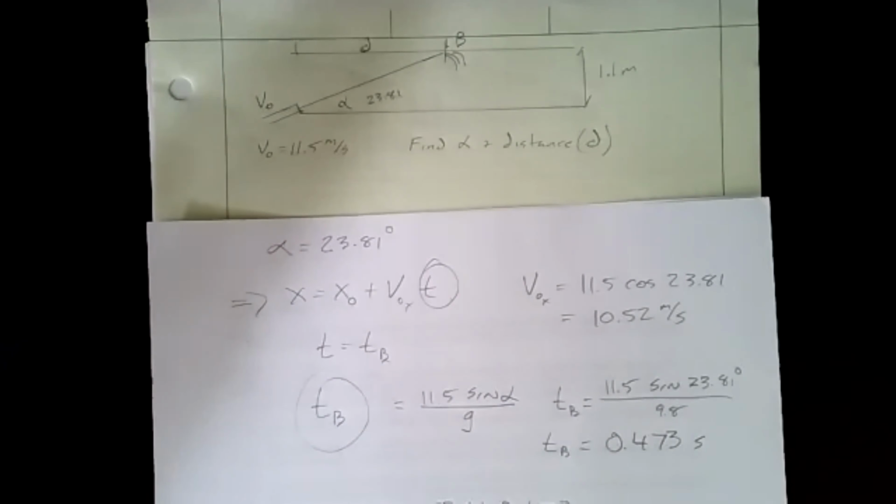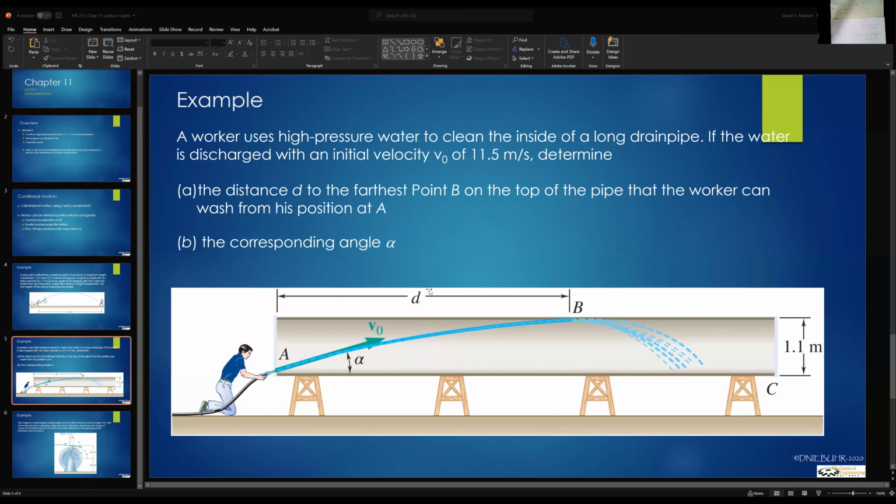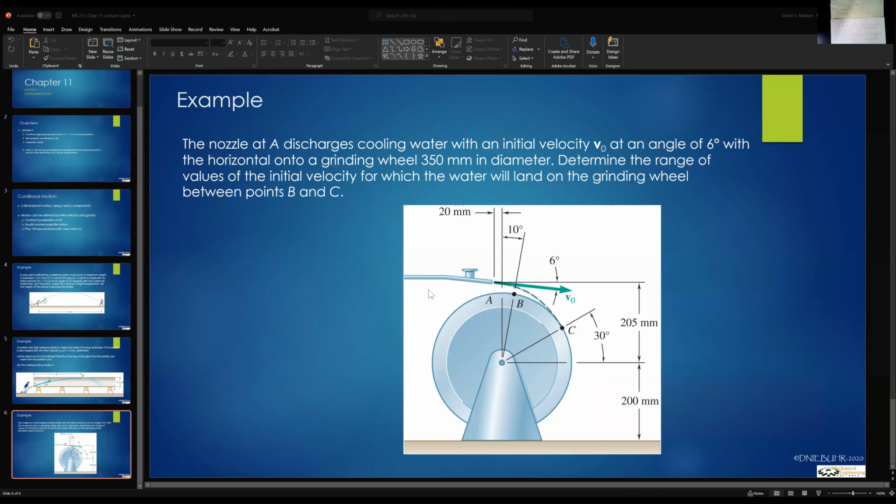So let's go ahead and look at one more. This one again is, as with all the dynamics problems, understanding what is actually happening and applying it to the system is generally half the battle. Here we have a wheel and water discharged onto the wheel, and we're given that the nozzle is 20 millimeters behind where the center of the circle is. That'll be significant.